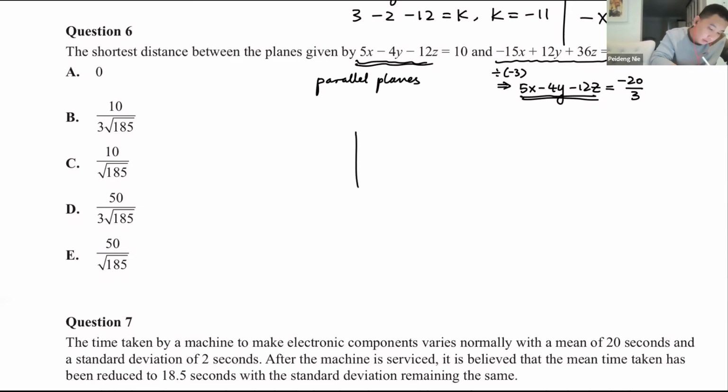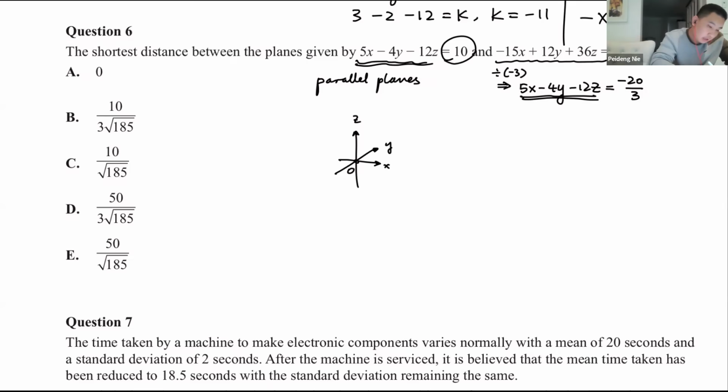Okay, now this diagram here is not exactly to scale, so I'm just using it as an indication to illustrate what's happening here. Well, if you notice, this is a positive 10. It's actually, let's say, away from the origin, in a tilted positive direction, and negative 20 over 3 is in the tilted negative direction, okay?